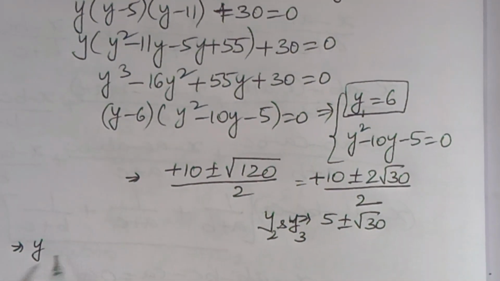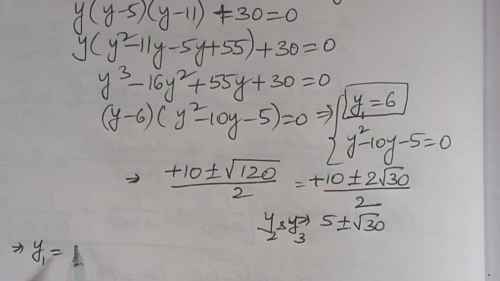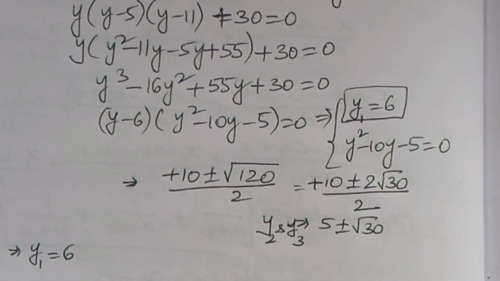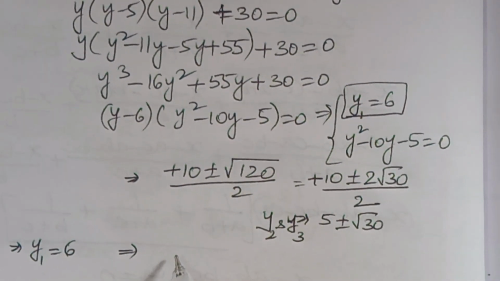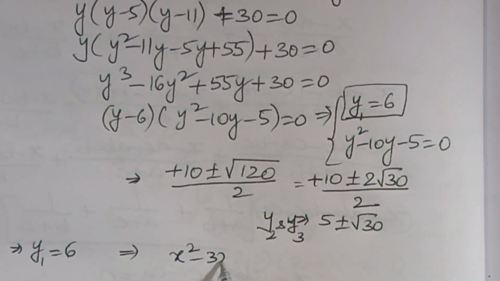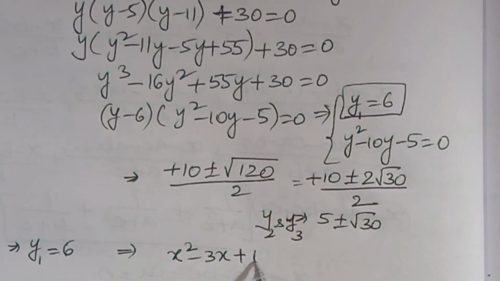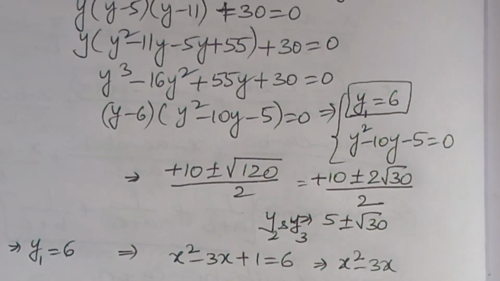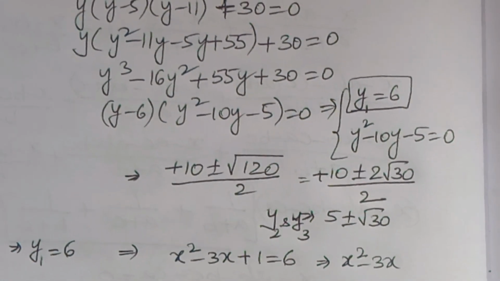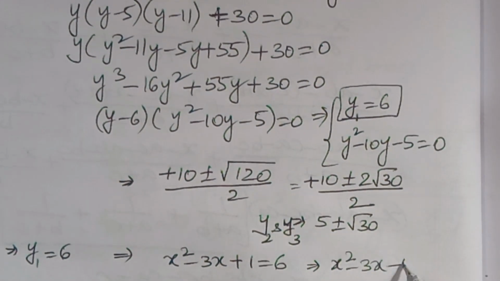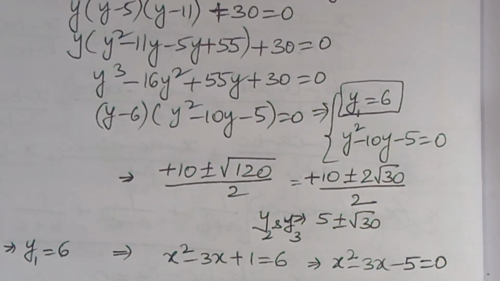Now y1 value is 6. That implies substitute here x² − 3x + 1 = 6. You will get x² − 3x − 5 = 0.